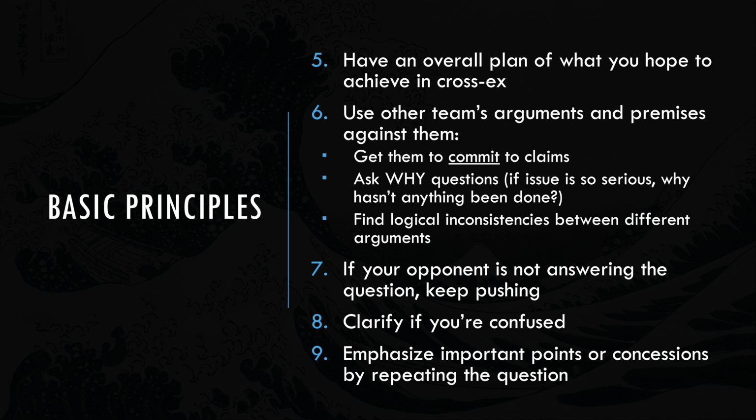You can say, wait, so you're ultimately saying that even though opioids are killing hundreds of thousands of Americans every year, more than every war in the 20th century combined, and that there's a really easy way to fix it, that ultimately we just aren't doing anything because nobody in the government has thought about your solution? This would be a cross-examination line if you were getting at that second bullet point on number 6, about if the issue is so serious, why hasn't anything been done? If the other team doesn't have a good answer to that, they're just like, oh, the government hasn't thought about it.